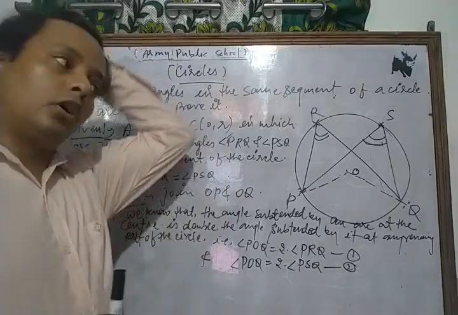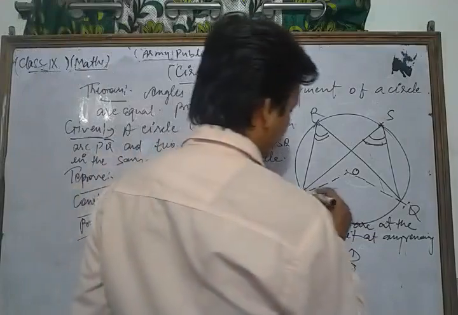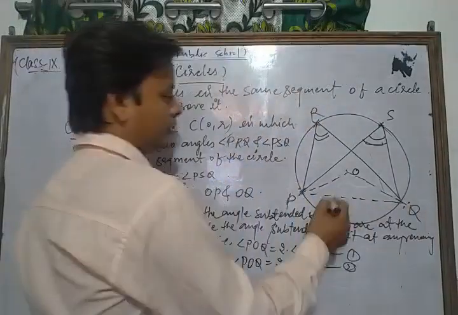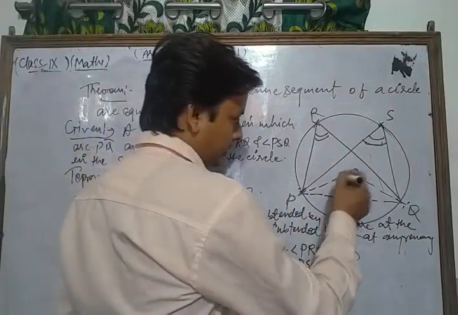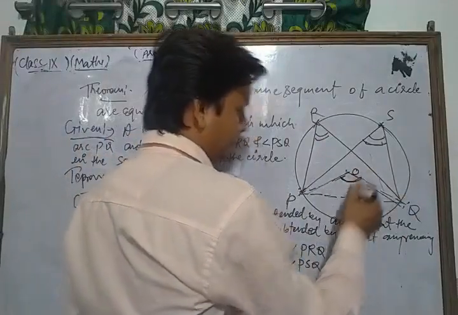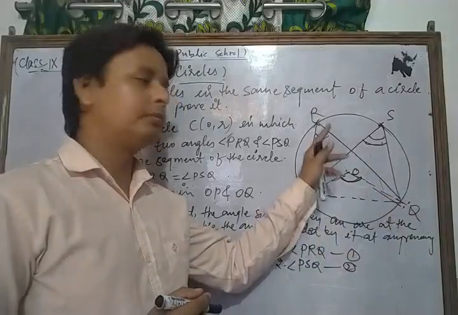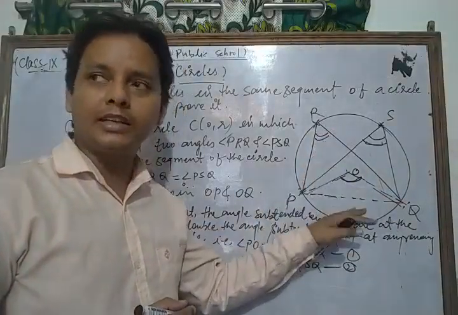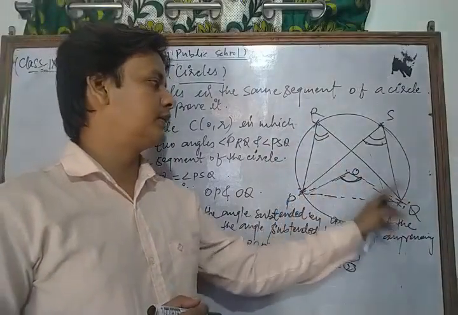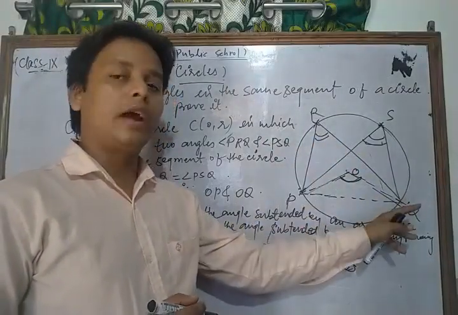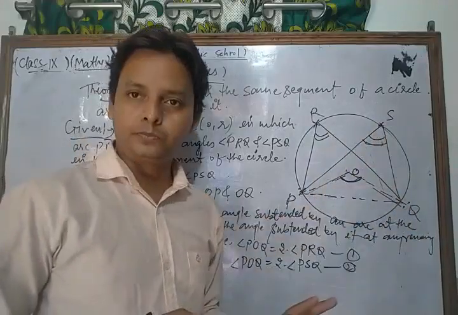Okay, because the angle subtended by this arc PQ at the center of the circle is POQ, which is 2 times the angle subtended by the same arc at any remaining part of the circle, angle POQ is 2 times angle PRQ, as well as angle POQ is equal to 2 times angle PSQ.